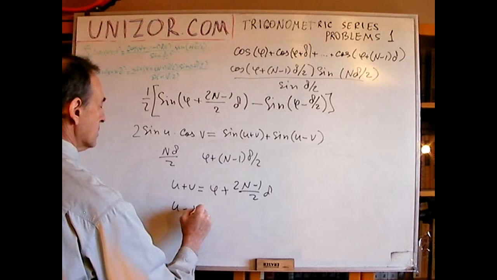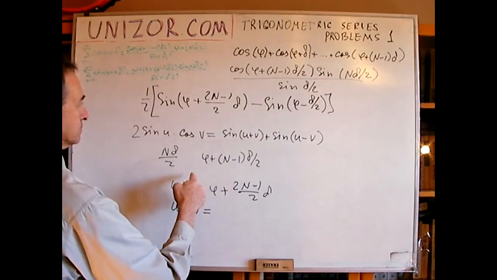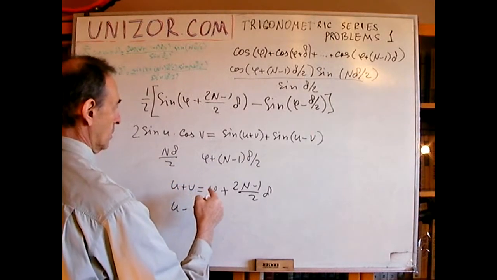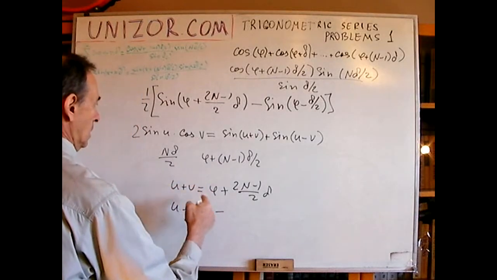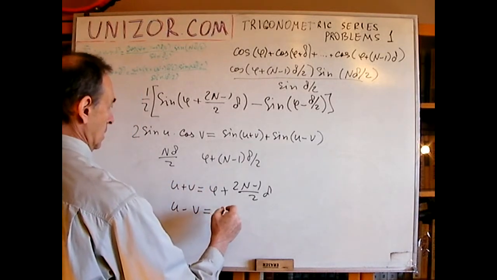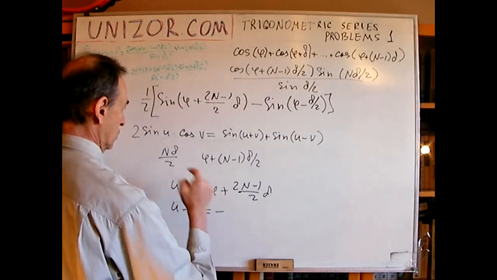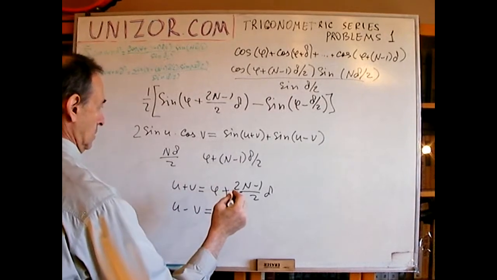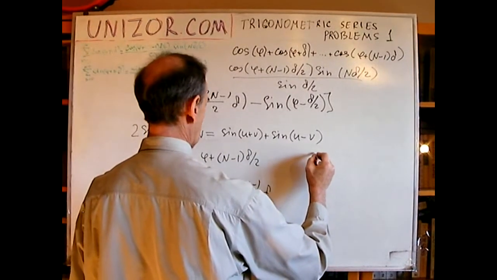U minus v is equal to, let me do it again.